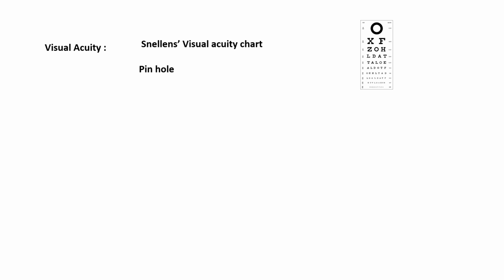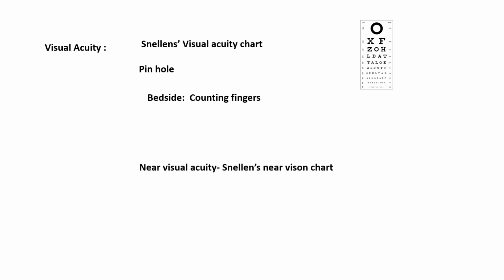If it does not improve on pinhole, then you will have to look for organic causes, like cataract, diabetic retinopathy or age-related macular degeneration, right? If you have not been given a Snellen's visual acuity chart, then you will do it at the bedside. You will say counting fingers up to 6 meters. You can check at the bedside. Either way, you will measure the visual acuity and mention it on your case sheet.